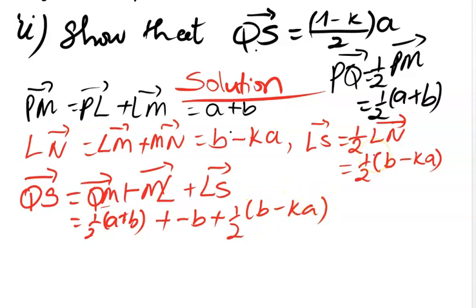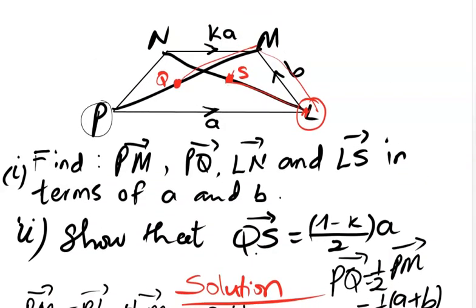Most of the things we already have them. Our QM is half of PM. We have half A plus B because PM is A plus B. Our ML, you see we are going against that arrow. That's why we have negative.